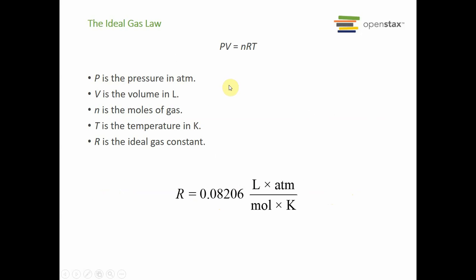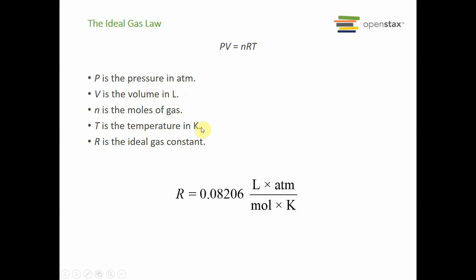When pressure is in atmospheres, which is pretty much all we're going to do, we're going to convert from millimeters of mercury to atmospheres, and from psi to atmospheres, but we work with everything in atmospheres. V is the volume in liters. Again, if we have milliliters or gallons, we're going to convert them into liters. n is the moles of the gas.